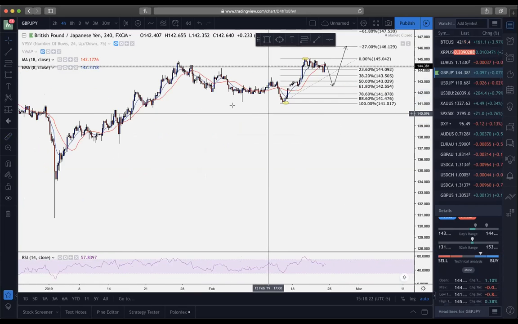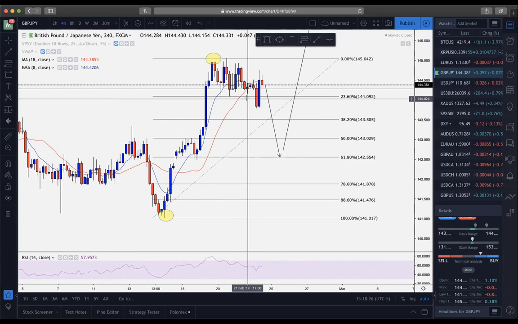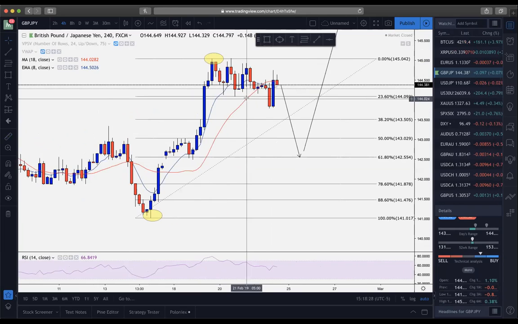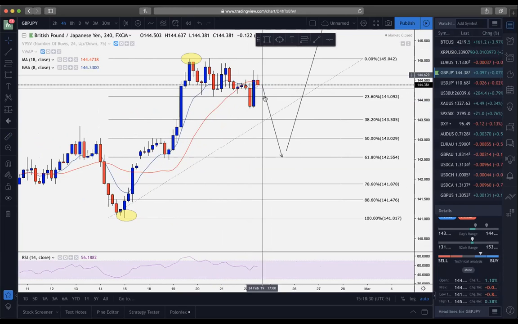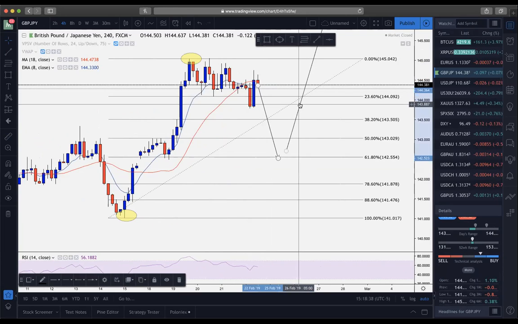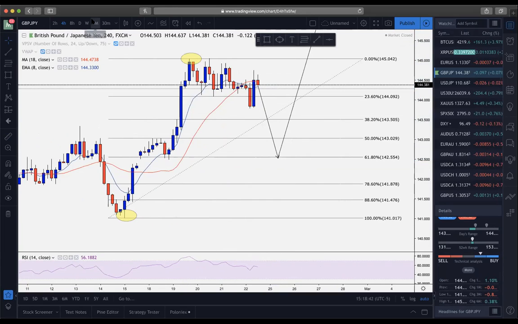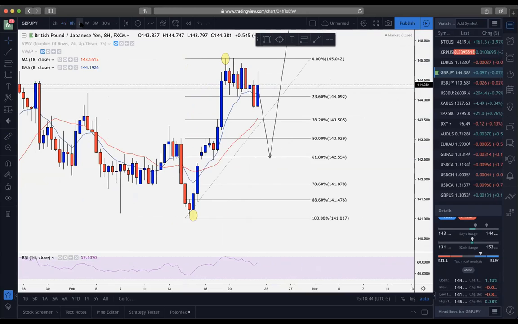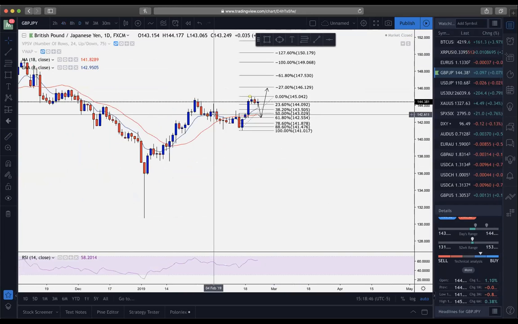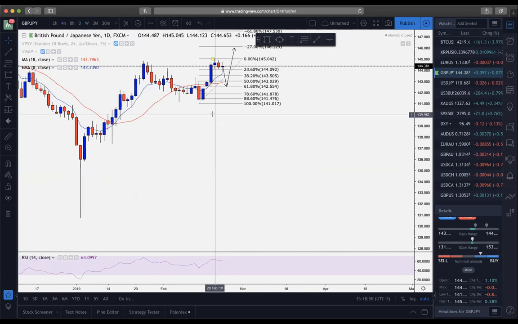I know some people see this pattern, like a bullish flag pattern or something. But I'm looking at pure price action. I would love to see it touch the 61.8 on the higher time frame, like on a 4 hour. Even the daily has so much room to go for a pullback.